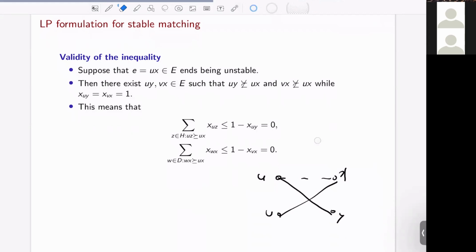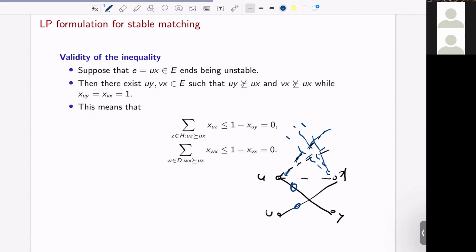Let's say there are more edges for U that have higher priority than UY, and also, let me use a different color, X is connected to edges with higher priorities, but they all have value 0 because you have already used UY and VX for your matching.